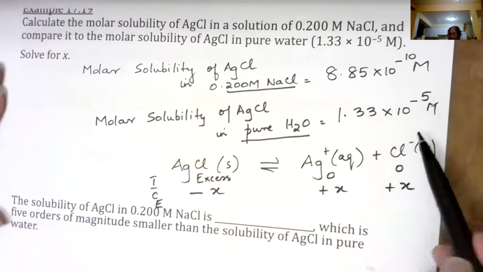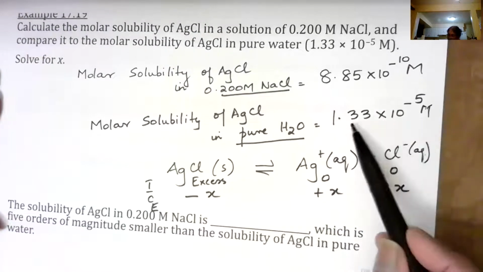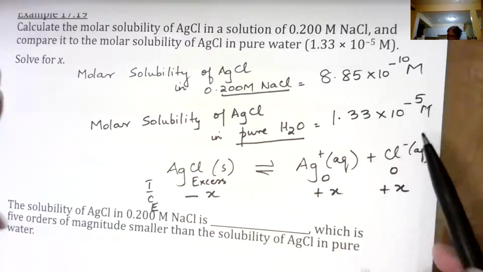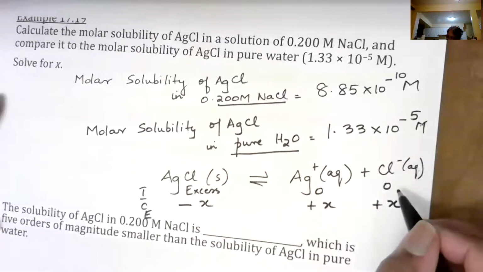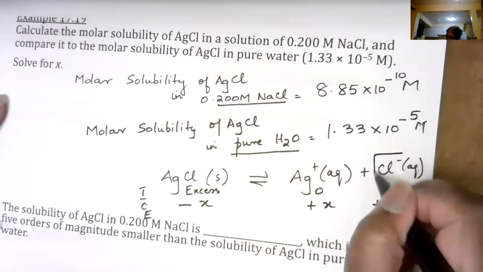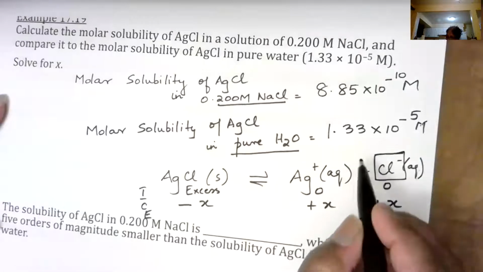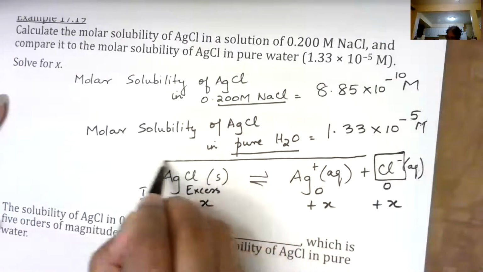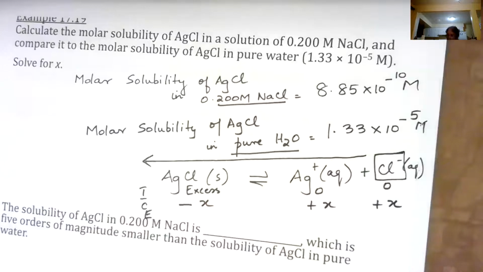In pure water, it's this number. When you have a common ion, what happens? It shifts the equilibrium to the other side, so the value of x naturally decreases.